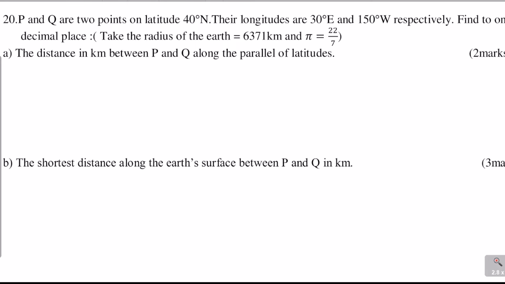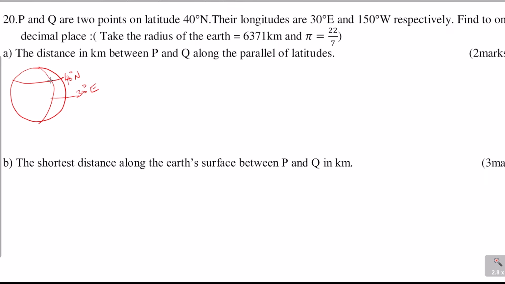So let me begin by sketching these positions. So both of them are 40 degrees north of the equator. P is 30 degrees east. So this is just a sketch, 30 degrees east.